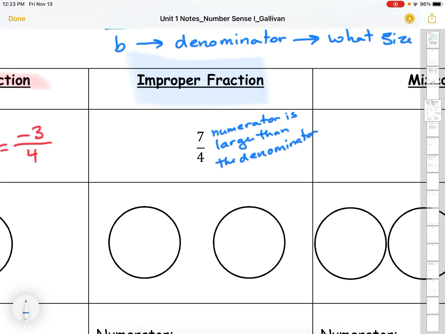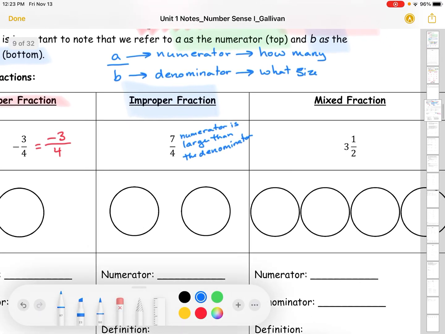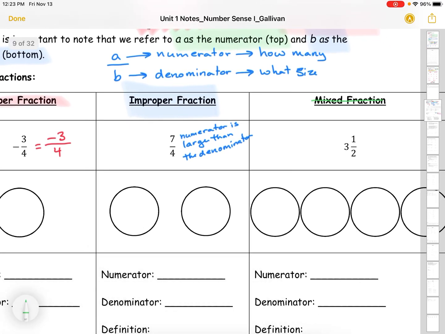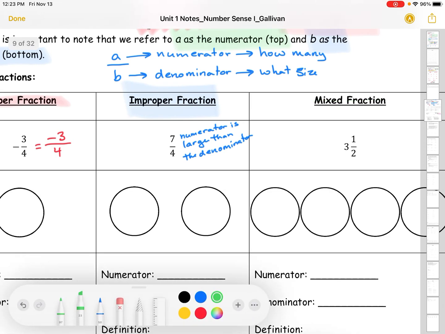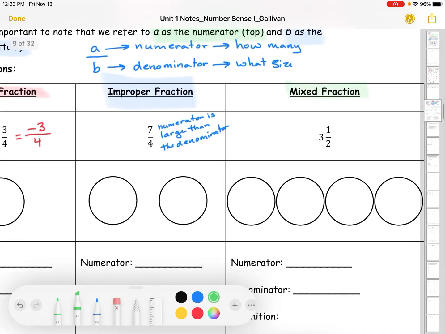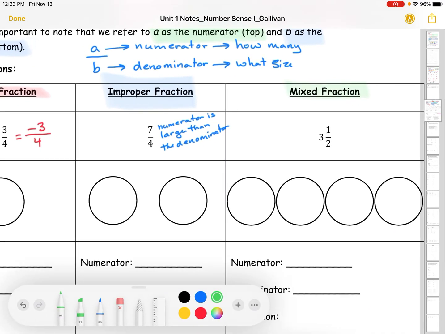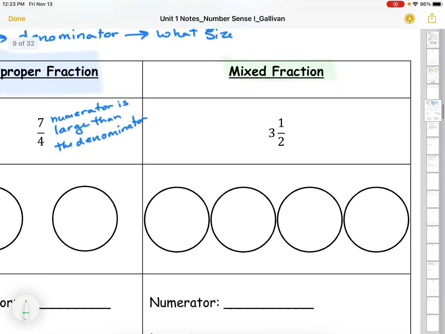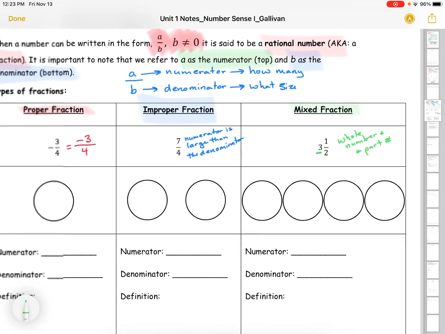That's considered improper because I can reduce it to what's called a mixed fraction. A mixed fraction consists of a whole number and a part number, which is the fraction part, okay?